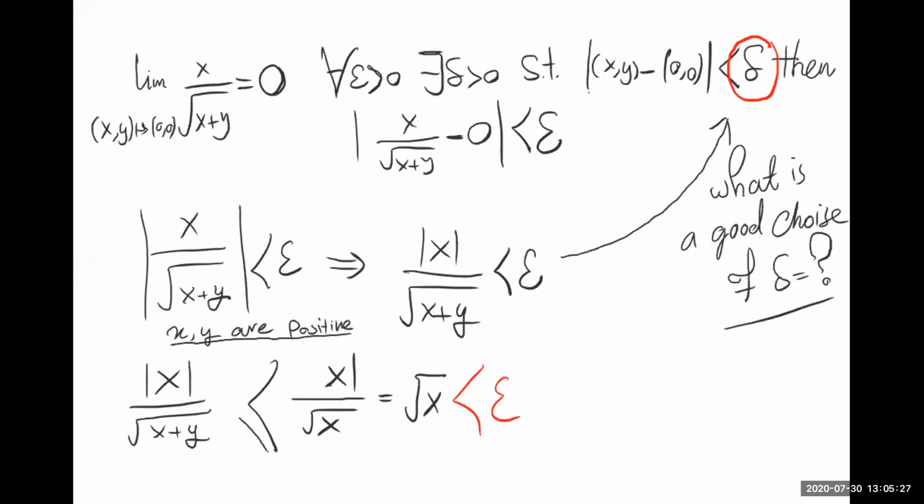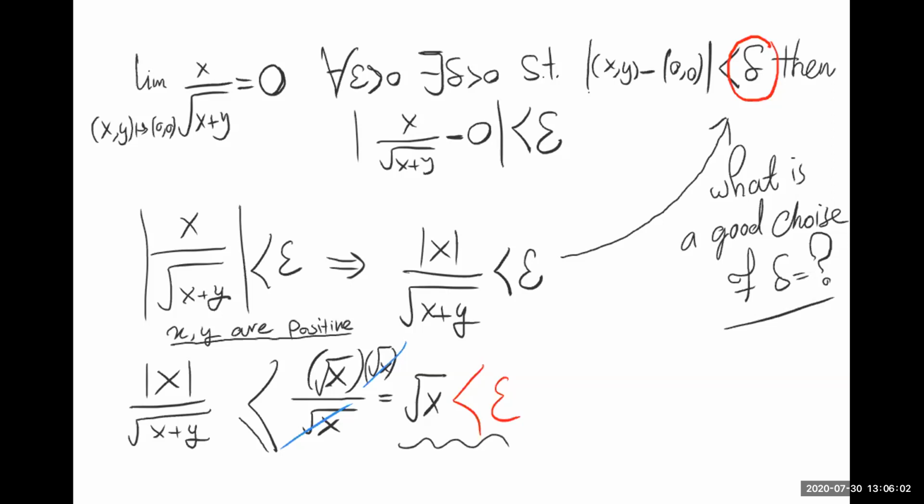Because the absolute value of x is equal to radical x squared, so it's radical x times radical x. We can cancel one of them with the square root of x, which means x should be less than epsilon squared. Or maybe I just keep it as that. Radical x can be less than epsilon. That's what I want.